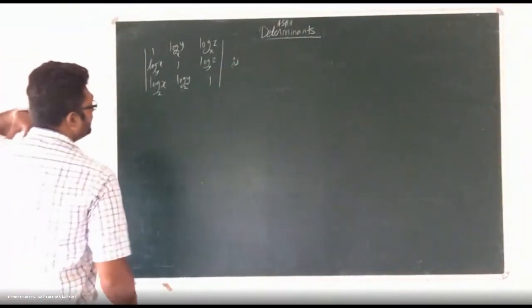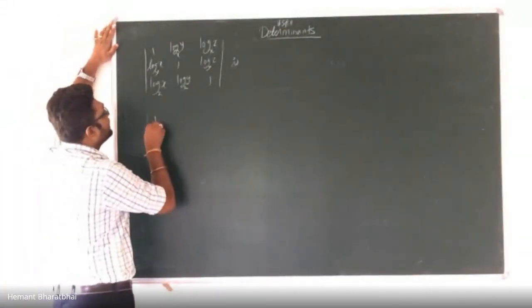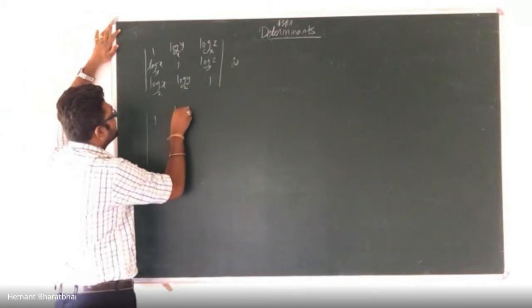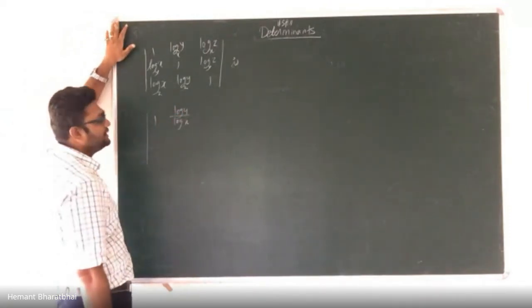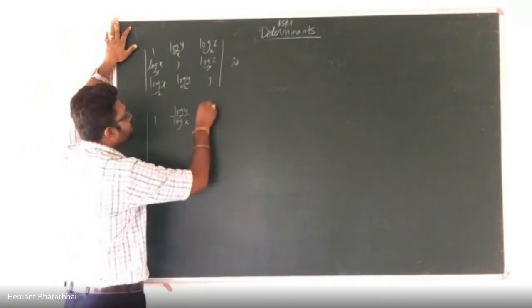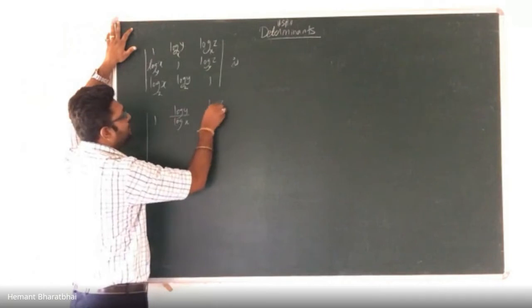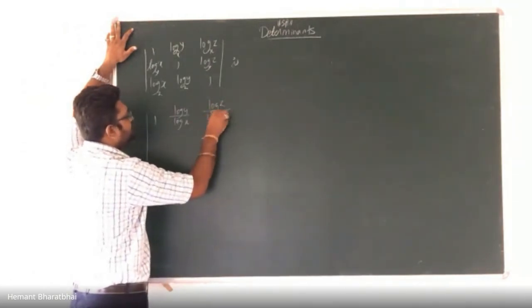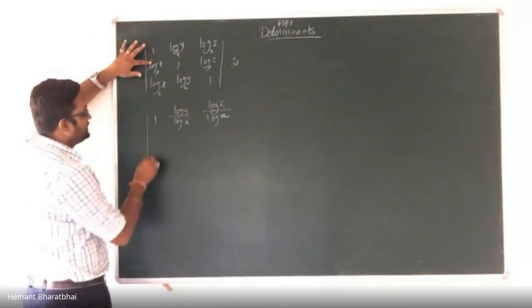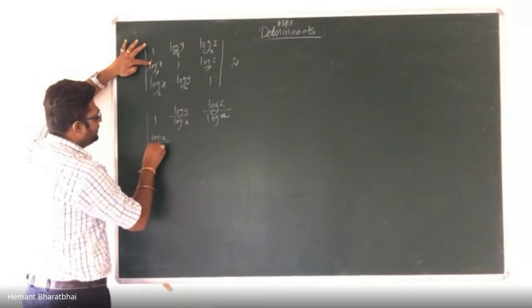So let's try. First, let us write them into natural logs. So I'll get 1, and this can be written as log y upon log x, log y to the base e upon log x to the base e. Similarly, by using the log property, this can be written as log z upon log x. Similarly, this can be written as log x upon log y.